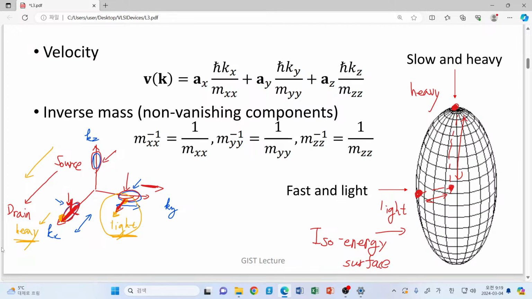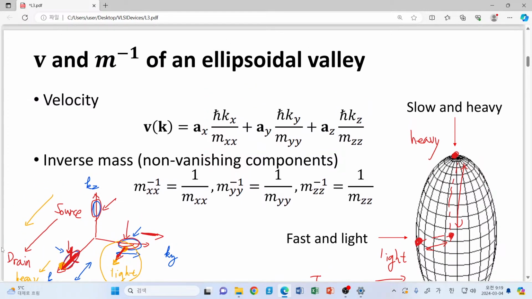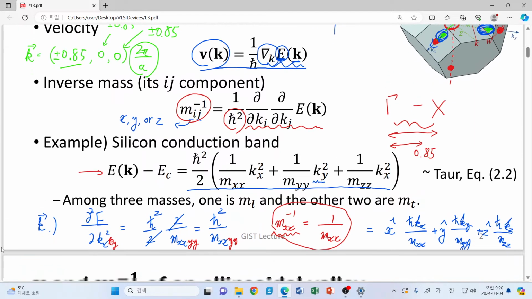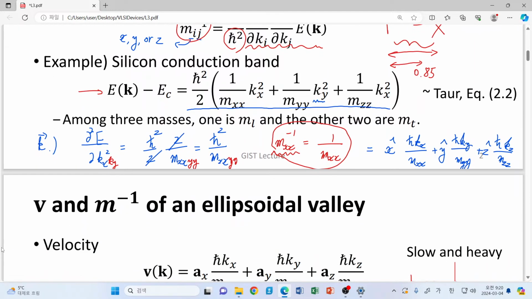Okay, so anyway, this is a simple expression for our conduction band. In the case of a silicon conduction band, although we have three different valley pairs, they follow more or less parabolic behavior. What is the parabolic behavior? Energy can be expressed as a second-order or quadratic function.